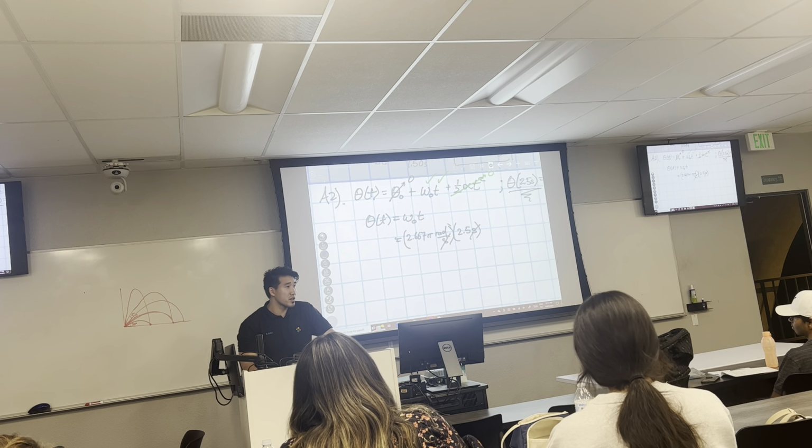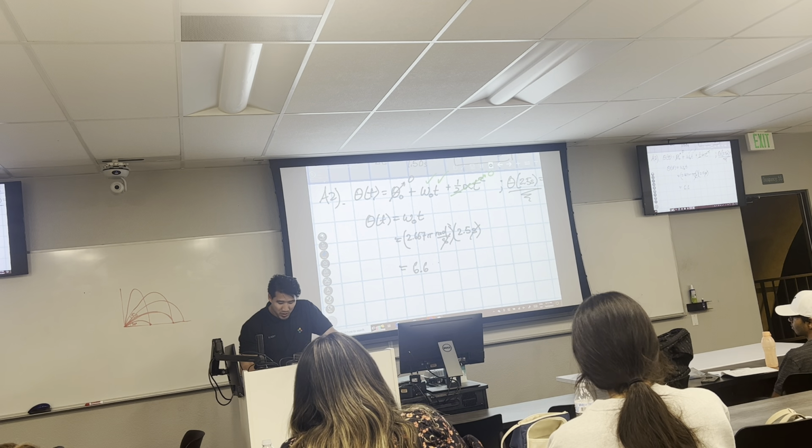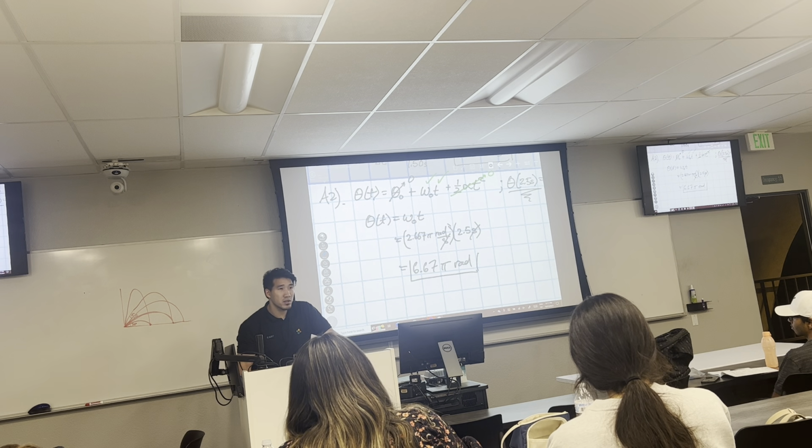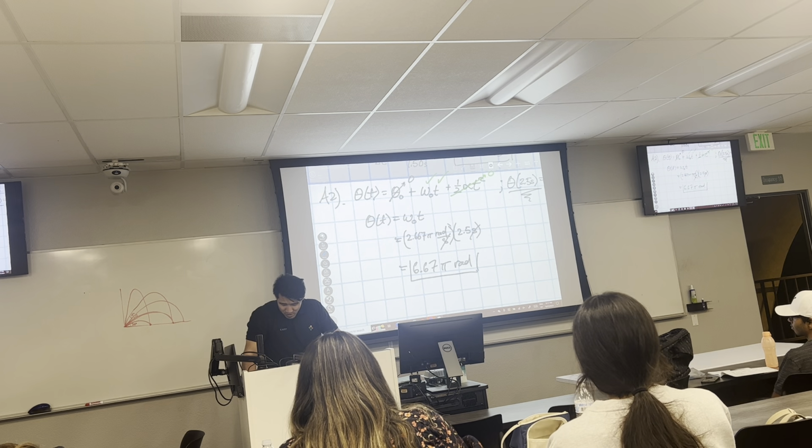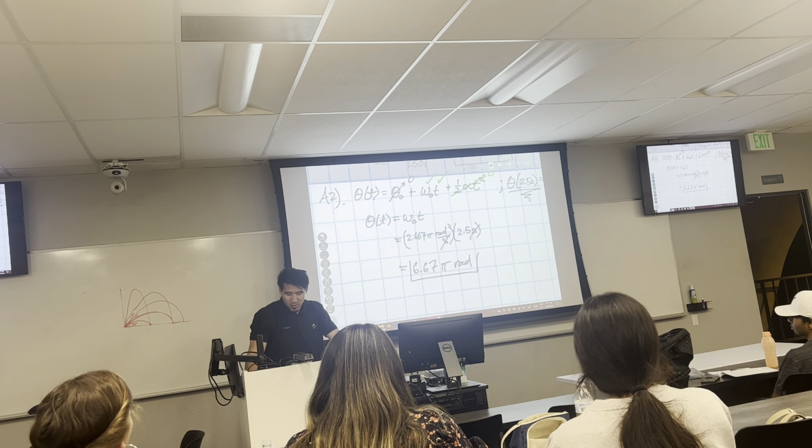The units for seconds will cancel, and then you're going to see that this is going to be equal to 6.67 pi radians. So where is it? It is at 6.67 pi radians.